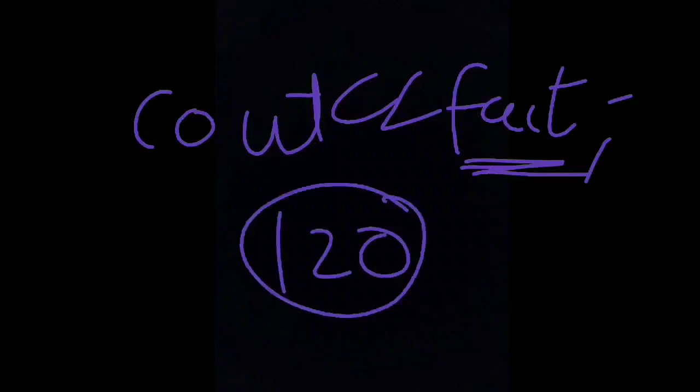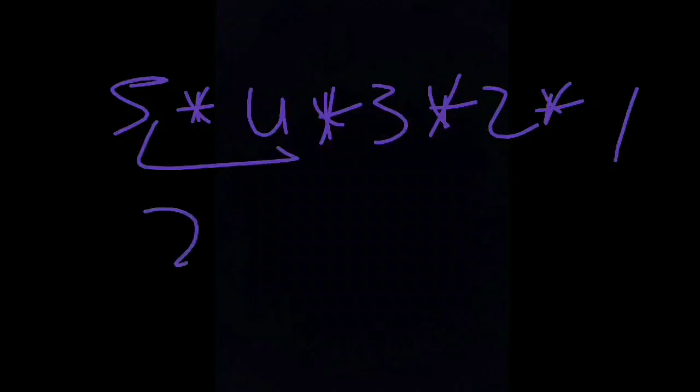After the loop has ended, what was the statement? See out fact. So what was the last value stored in fact? It was 120. So 120 gets printed. Now if we check this mathematically also, 5 4s are 20. Let me make it quite easier for you.